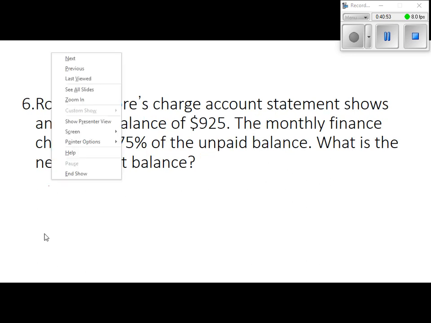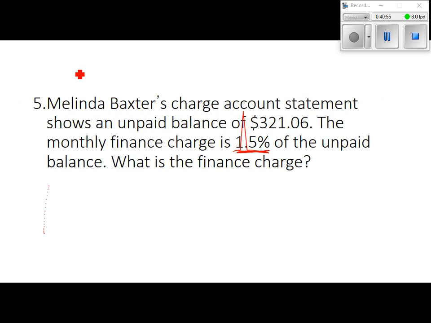So all we've got to do here is take 321.06, and what are we going to multiply it by? 0.015. Somebody do that multiplying for us.